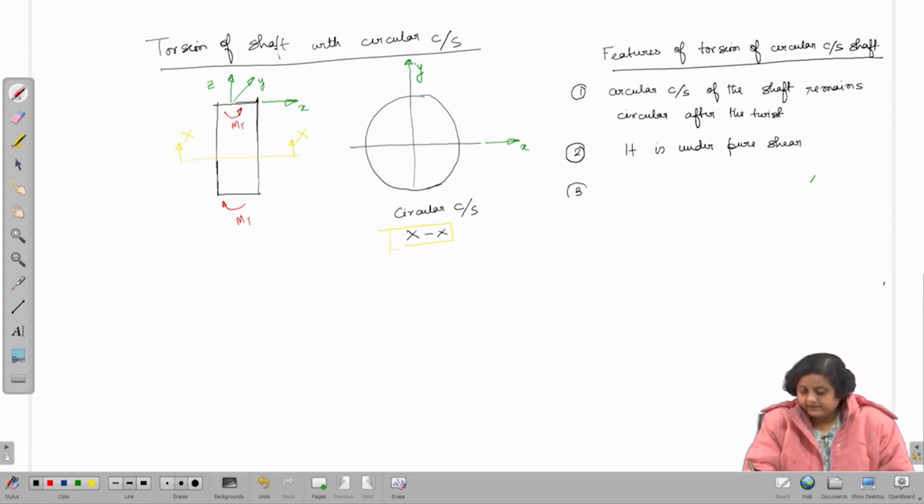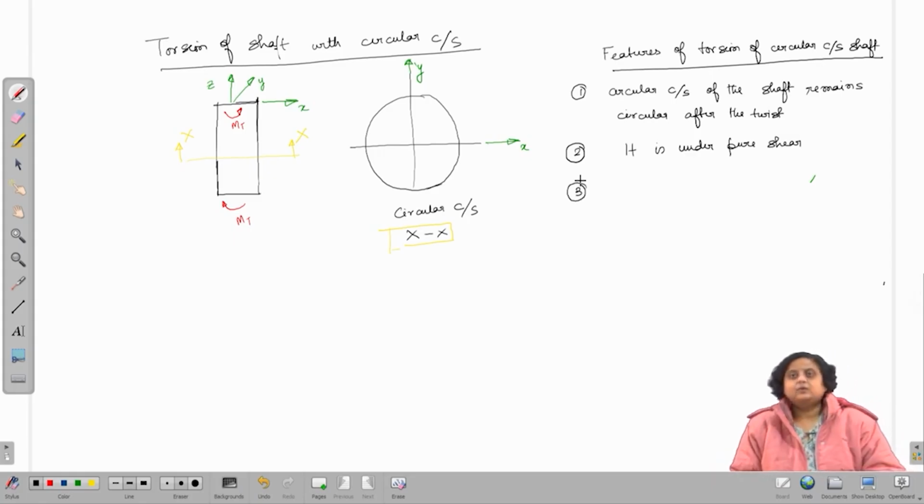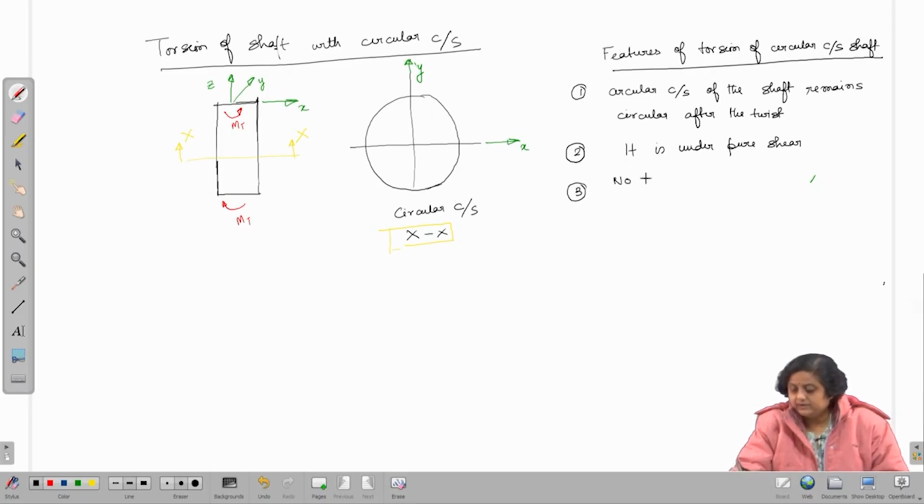The third point is that there will be no out of plane deformation of the cross section, or no out of plane warping of the cross section.